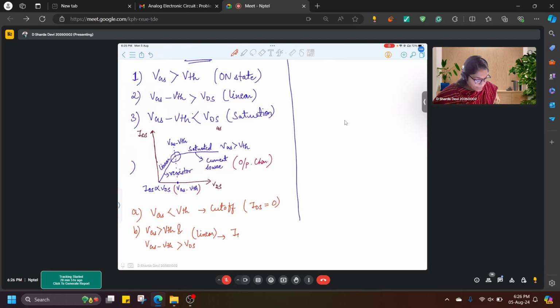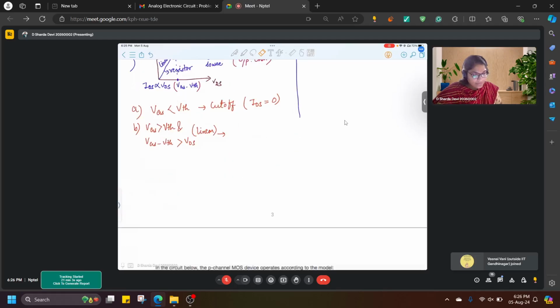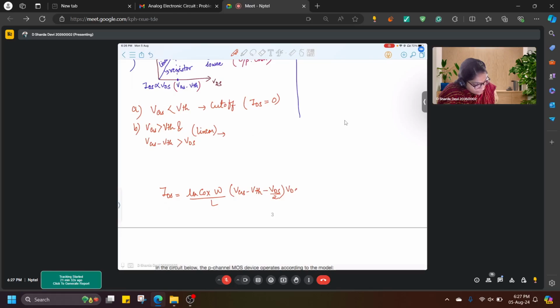So here we will write IDS as, if we talk about the simple current equation, IDS equal to mu n Cox W by L times (VGS minus VTH) VDS minus VDS by 2 into VDS. Yeah, so this is the basic current formula.